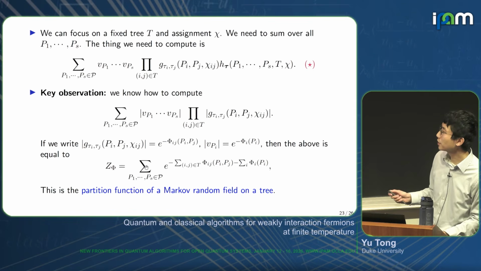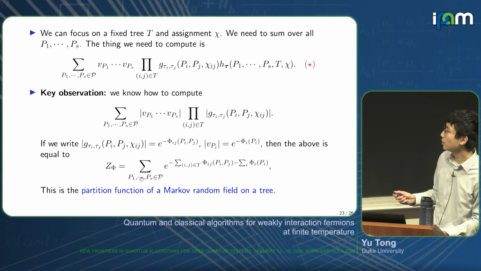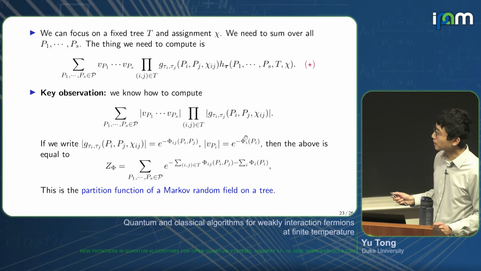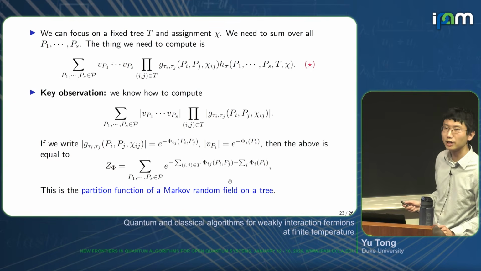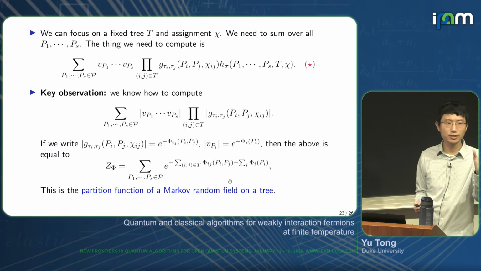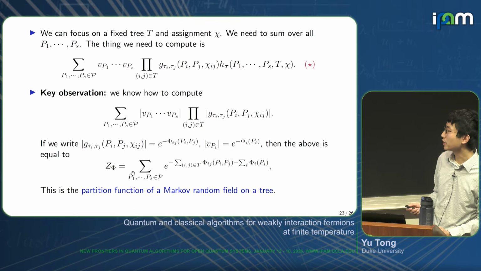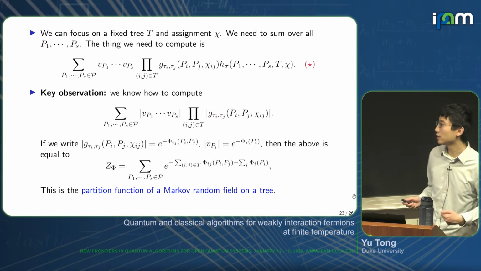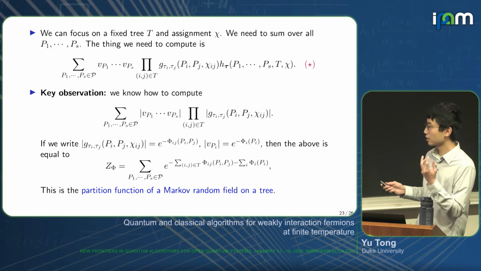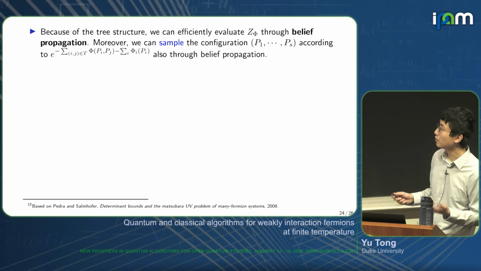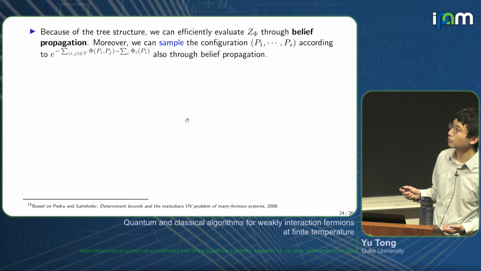So in the end, you can write this whole thing as a sum over all the configurations, where for each configuration you evaluate the potential energy this way, right? Then the potential energy actually has a tree structure. It only involves terms that are adjacent on a tree, right? So in the end, this thing is just the partition function of a Markov random field on a tree. And because it's the partition function of a Markov random field on a tree, we know how to evaluate it, which is through belief propagation.